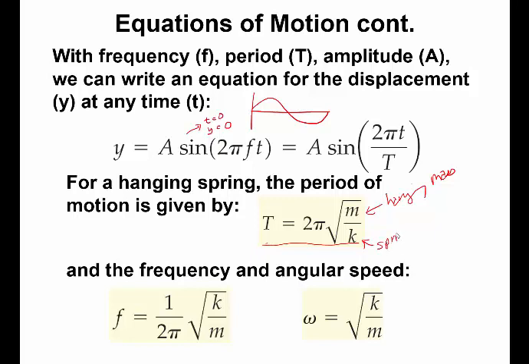So how stiff is the spring? The hanging mass needs to be in kilograms, and our spring constant is in newtons per meter, just so we end up with the right units.